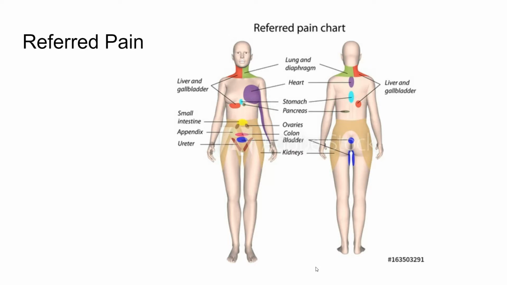And this kind of shows you that, I don't really understand this altogether, but apparently if you have liver pain, you will feel it on the right side of your body where your liver is located, but apparently you might feel it on the right side of your neck as well. Just don't look at this and think, oh no, my pancreas is dying or something like that. That's not the way to do this.